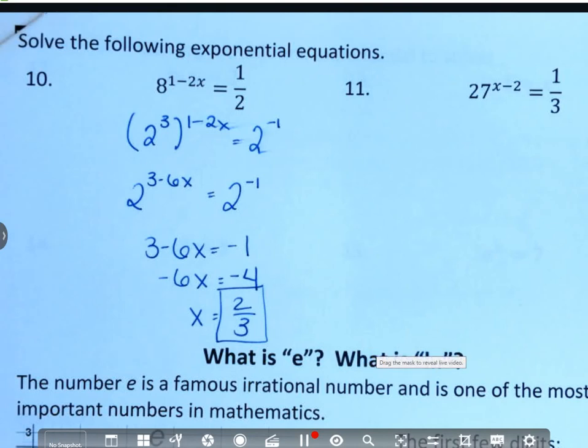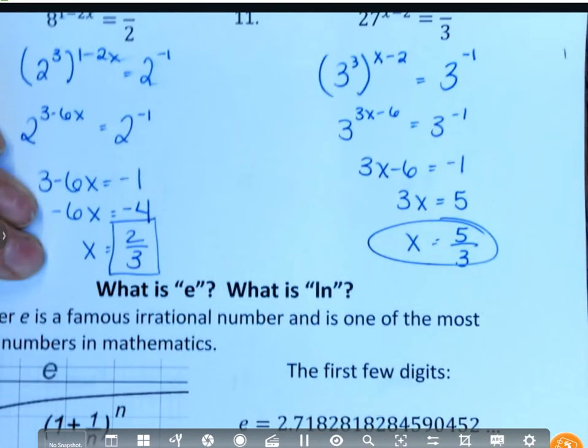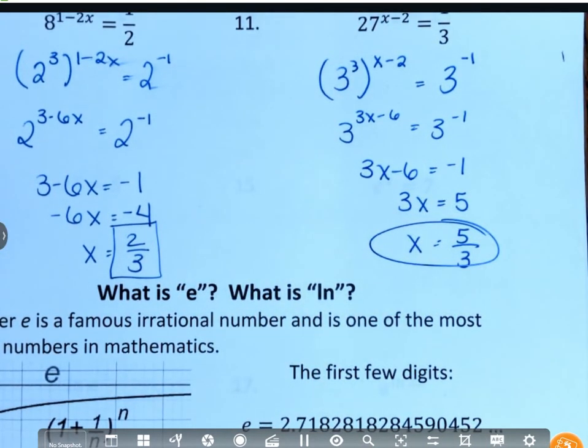Okay, what do we get? Beautiful, that makes me happy. So are we all right with that? All right, don't freak out.